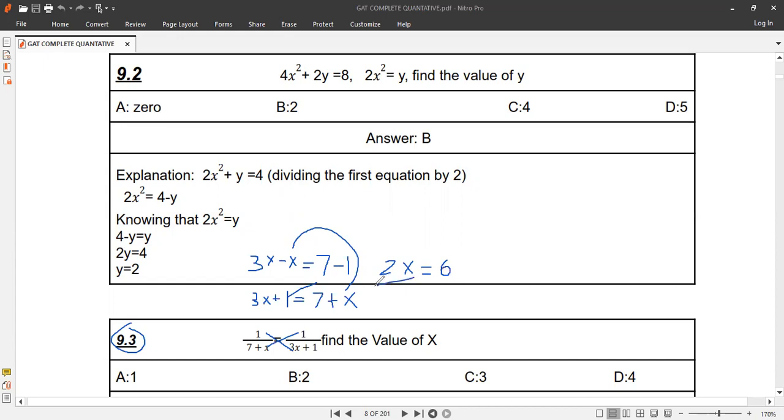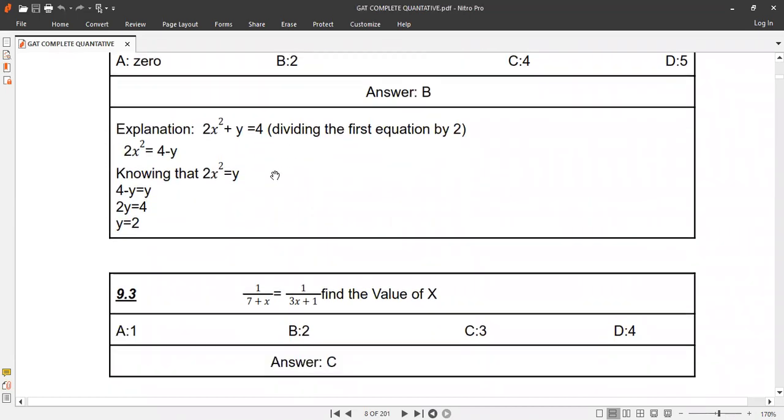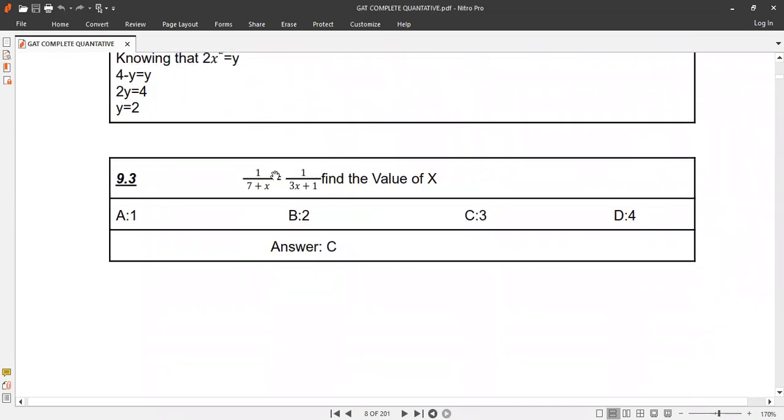Now we divide both sides by 2 because we want x alone. So x equals 6 divided by 2 equals 3. The answer is C.